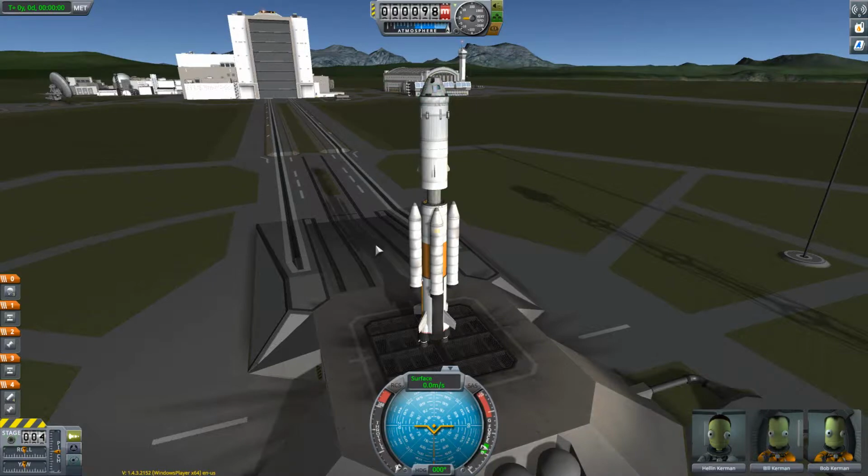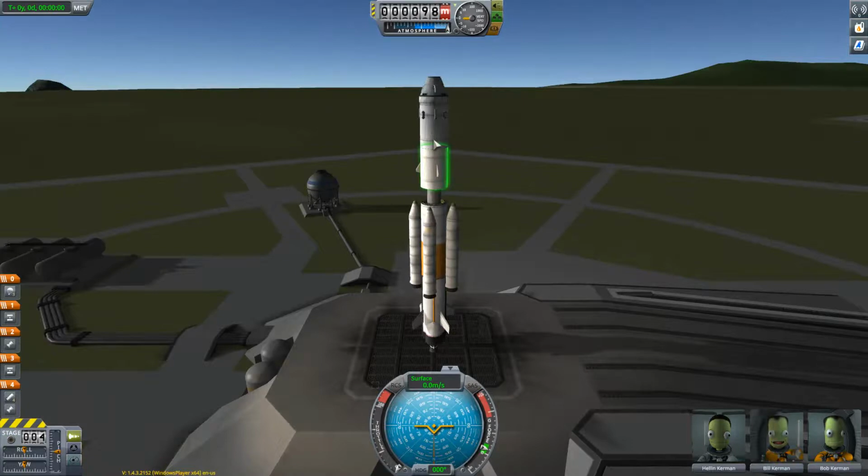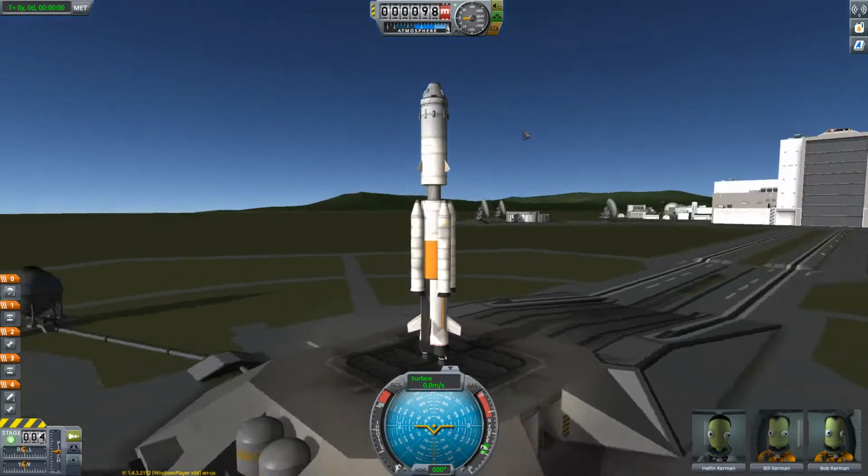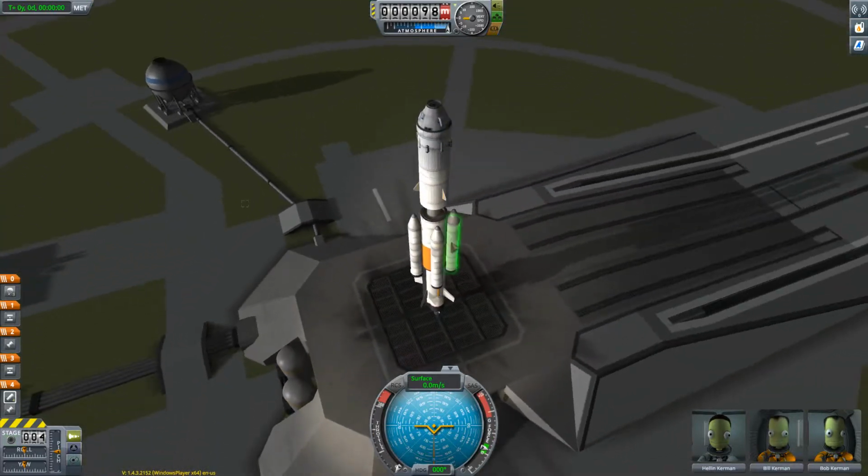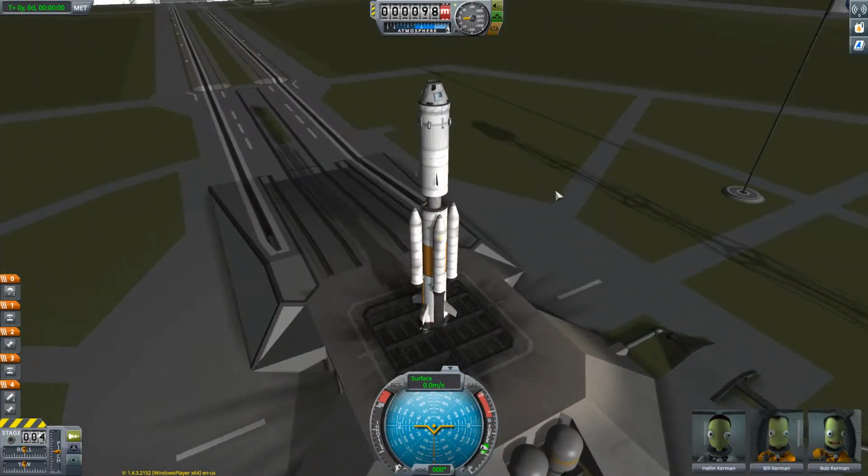So, we are going to use the first stage to get up into space. Second stage is going to take us to orbit and out of orbit, and any maintenance we would do up in space there.